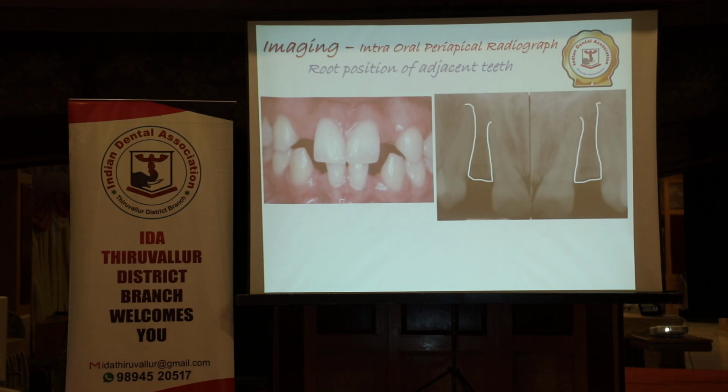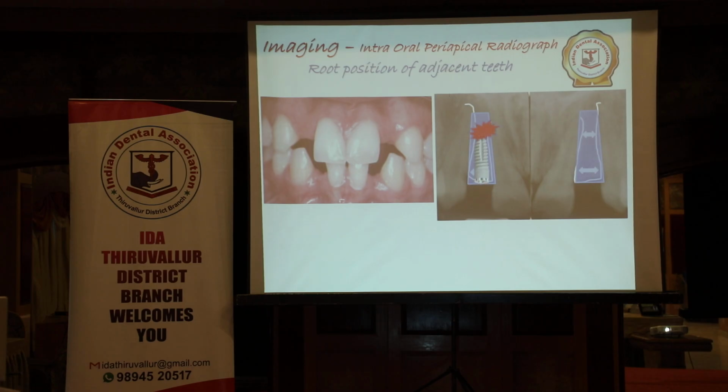You have to correct these orthodontically. See, this is how you evaluate. The base is wider and the apex is smaller. So this is how you evaluate with the periapical radiograph. If this is the sign, you have to first correct this and then go for the implant. What will happen if I place the implant here?